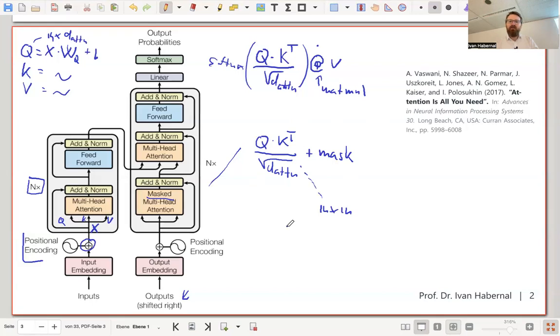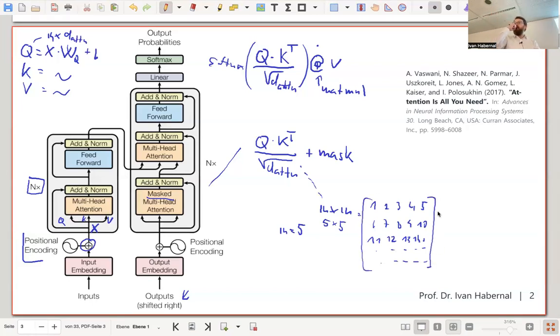For example, if we have 5 tokens in, this is a 5 times 5 matrix. It would look like 1, 2, 3, 4, 5, 6, 7, 8, 9, 10, 11, 12, 13, 14. Oh, okay, 5 times 5 is big. But anyway, this would be a matrix.